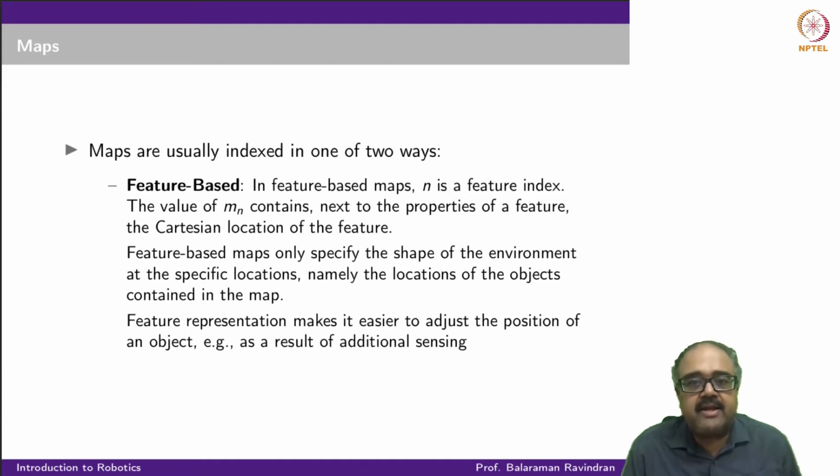So I get more information with this kind of feature-based representation. Likewise, another advantage of feature-based representation is it's easy to add additional features, and also easy to move an object around. I can adjust the position of an object on the map just by doing additional sensing or getting closer to the object, and therefore refining my position estimate of the object.